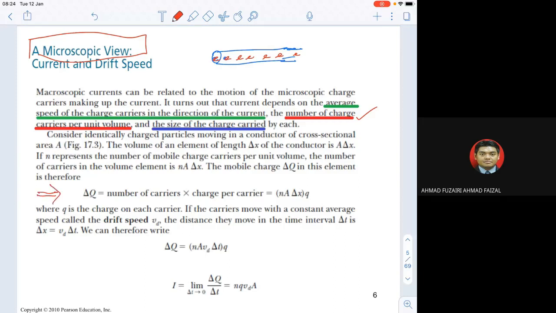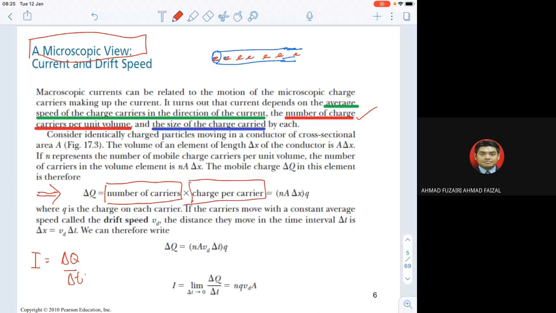Now please focus on this part. You will know that I is equivalent to delta Q over delta T. What is delta Q? At the macroscopic view, the bigger view, delta Q is just a magnitude of charge, a number of charge. But in terms of the microscopic view, we should remember that delta Q is based on the number of carriers times the charge per carrier.